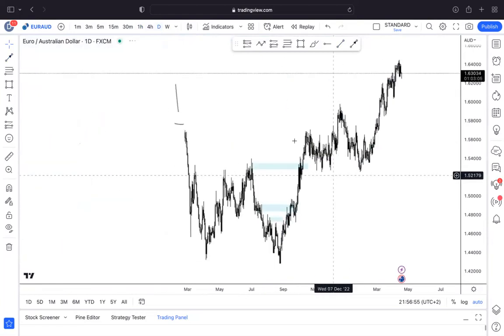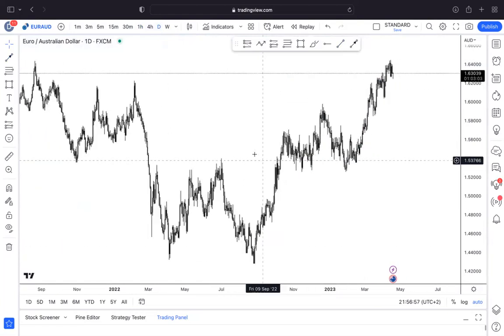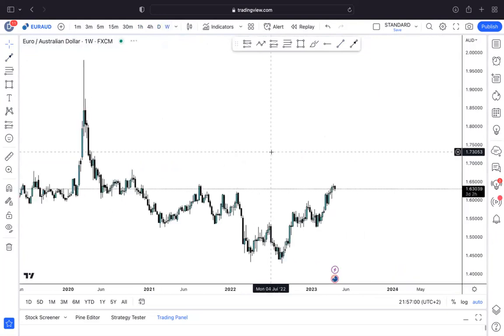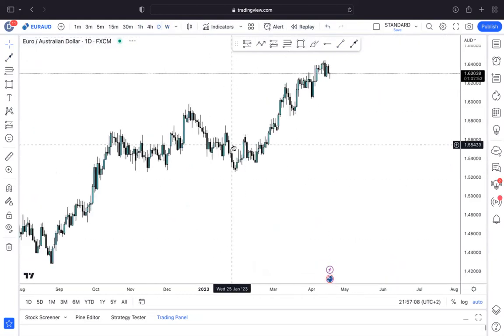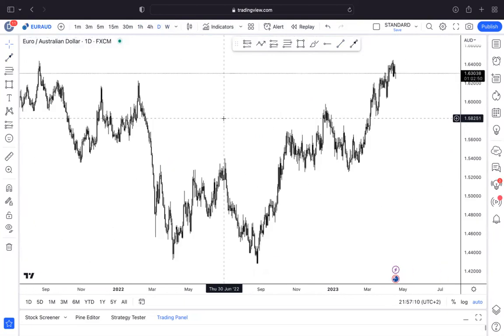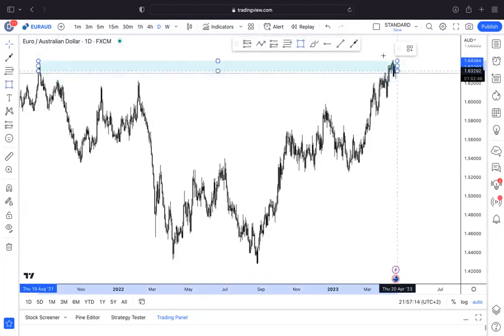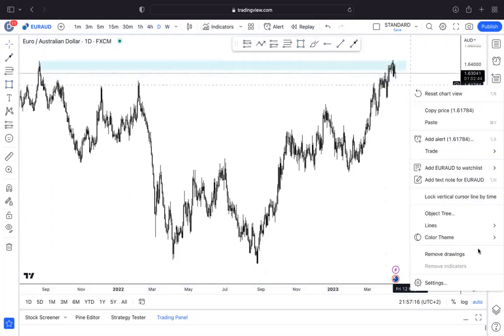Euro AUD. So zone. So this zone's still valid because we haven't closed above the high.